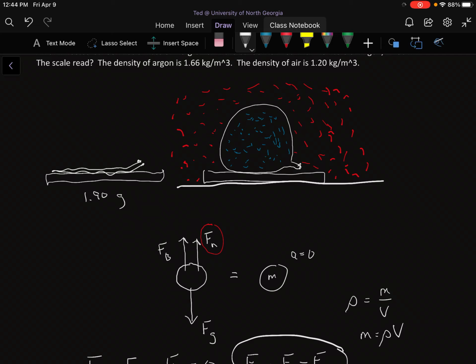And so if we fill the balloon with air, the scale would still read 1.9 grams. And of course, if we fill the balloon with helium, the balloon's gonna lift in the air, and that's because the buoyancy force would be bigger than the weight of the balloon plus the weight of the helium, and it would just rise right up in the air.